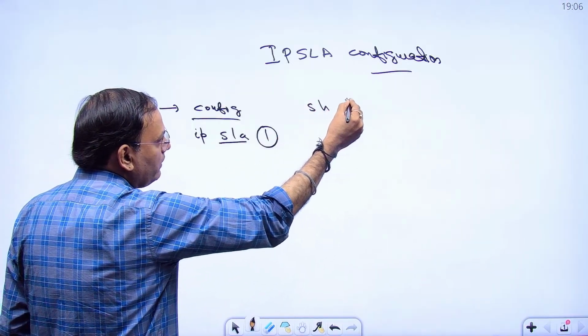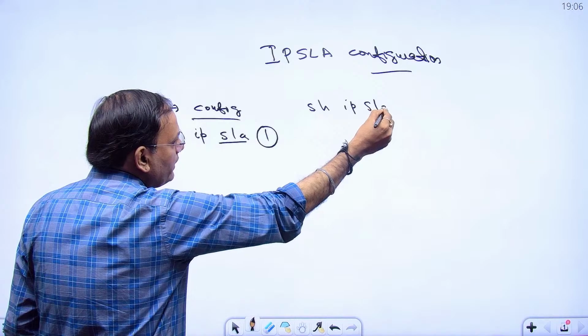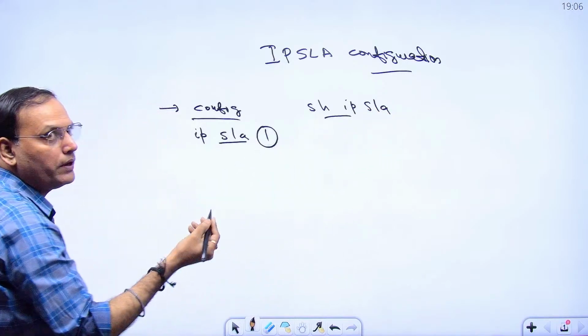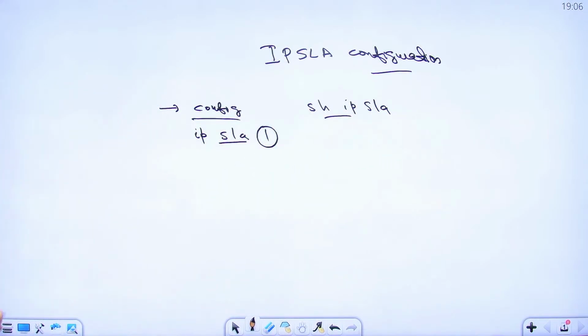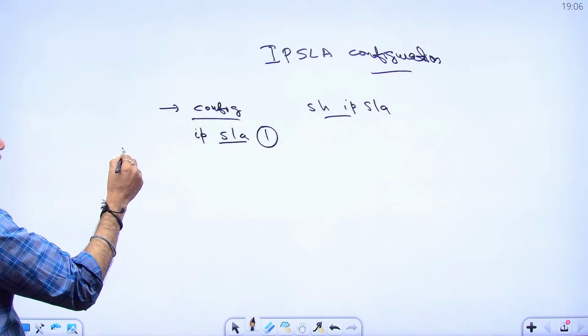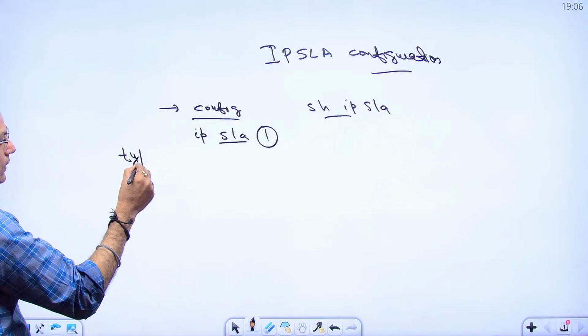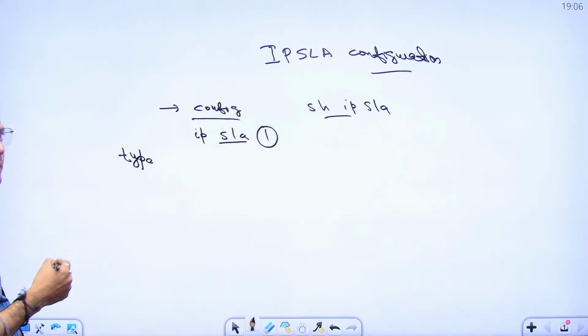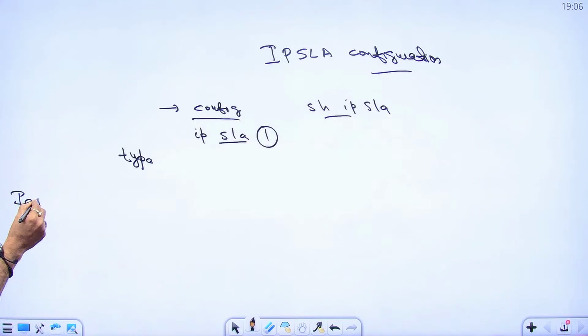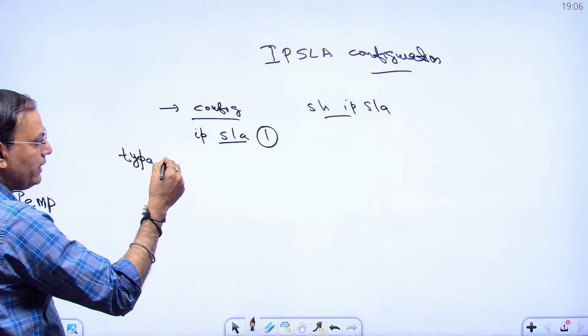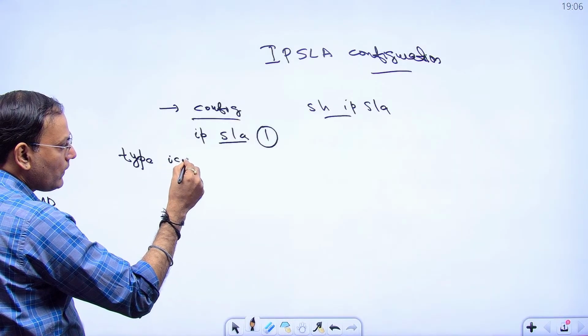So if IPSLA 1 is running on that router, then change to 2, 3, 4, 5, 6 like that, right? Then you have to define type. This is basically a ping. You know ping, ICMP. This is just a ping. So what will I type here? Type ICMP echo.